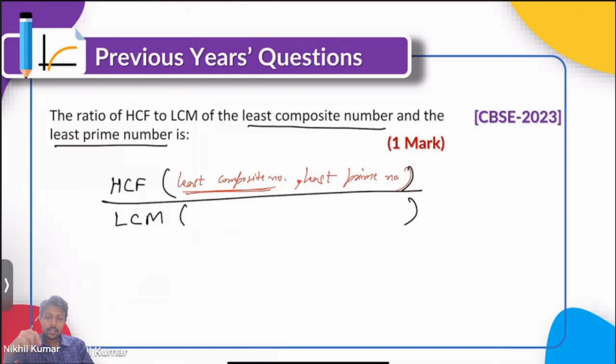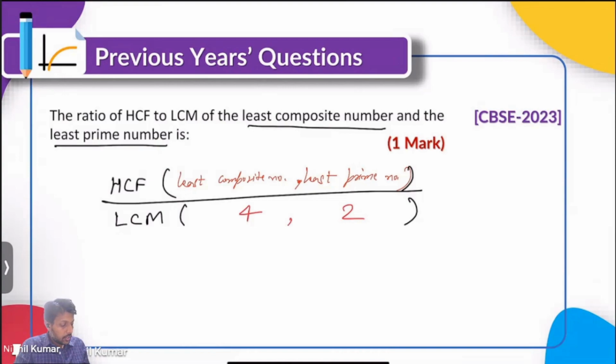If you say 1, I must warn you. See, 1 is neither prime nor composite. What else? 2. 2 is a prime number, it's not a composite number. 3 is also a prime number. 4. Okay, so 4 it is. So I'm just going to write 4. And what is the least prime number? It's 2.